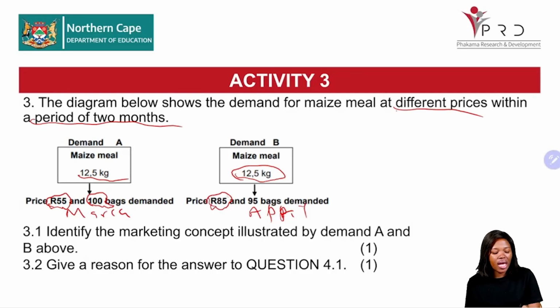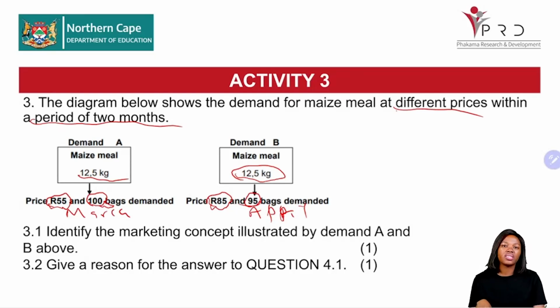In March, consumers demanded 100 bags, but in April, because of the change in price, the consumers demanded 95 bags.